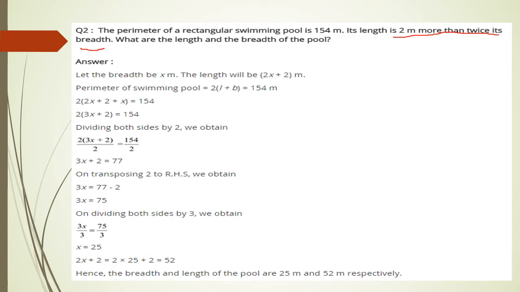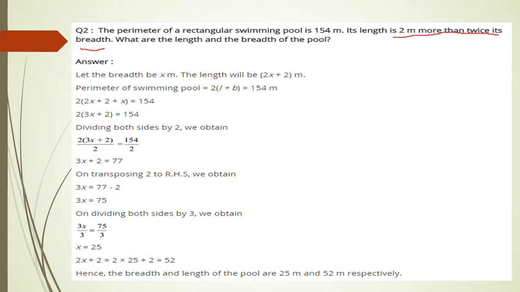So to solve this question, let us consider the breadth as x, children. Let us consider the breadth as x meters. Therefore, the length will be 2 meters more than twice its breadth, which is 2x plus 2 meters.